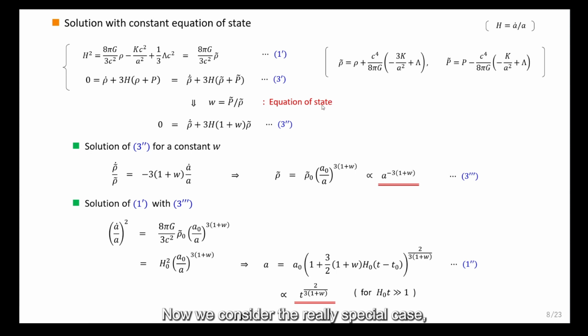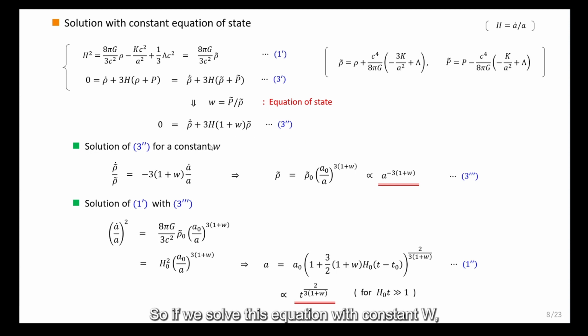Now we consider a very special case, a constant equation of state parameter w. w is defined by the ratio of the pressure and the energy density. If we use this equation of state, then this 3 prime is given like this.